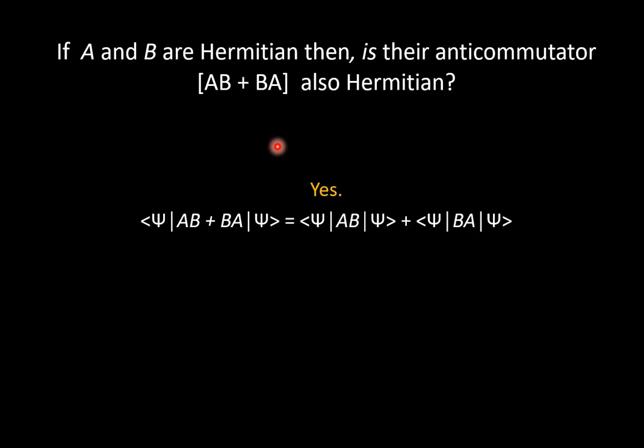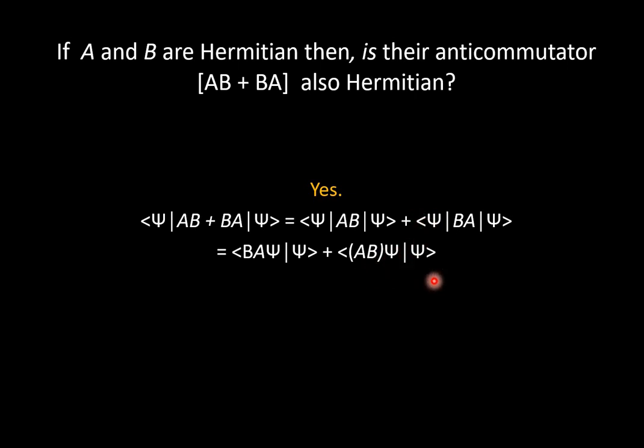How? Again the same trick: <psi|AB plus BA|psi>. So you can write <psi|AB|psi> and then <psi|BA|psi>. Now the same trick: in AB, first you take A to the left and then B, both are Hermitian, so you get <BA psi|psi> here. In the second part, first you bring B to the left and then A further, so you get <AB psi|psi>.